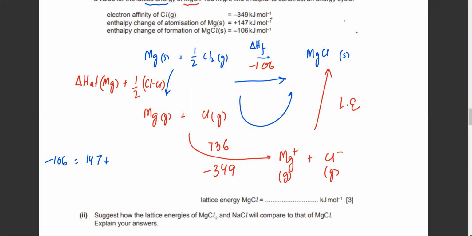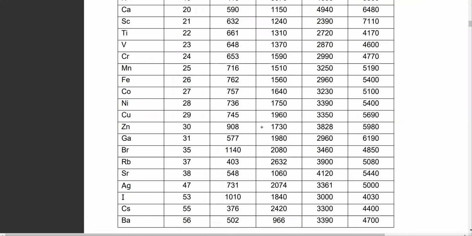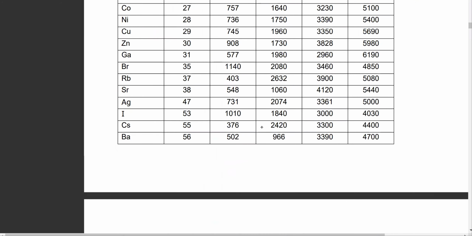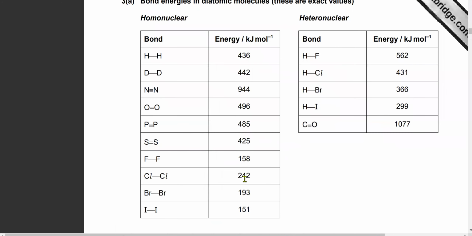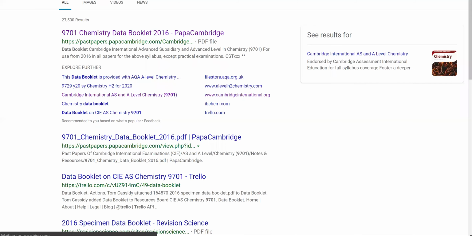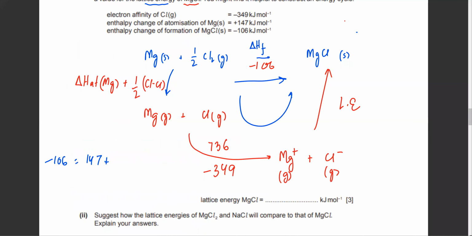What is the bond energy of ClCl? We want half of that. So where's the ClCl bond energy? That's over here, 242. So this one is 242 divided by 2. Then you got 736. Then you got minus 349. And lastly, you have lattice energy. So try and solve this and tell me what the value is.